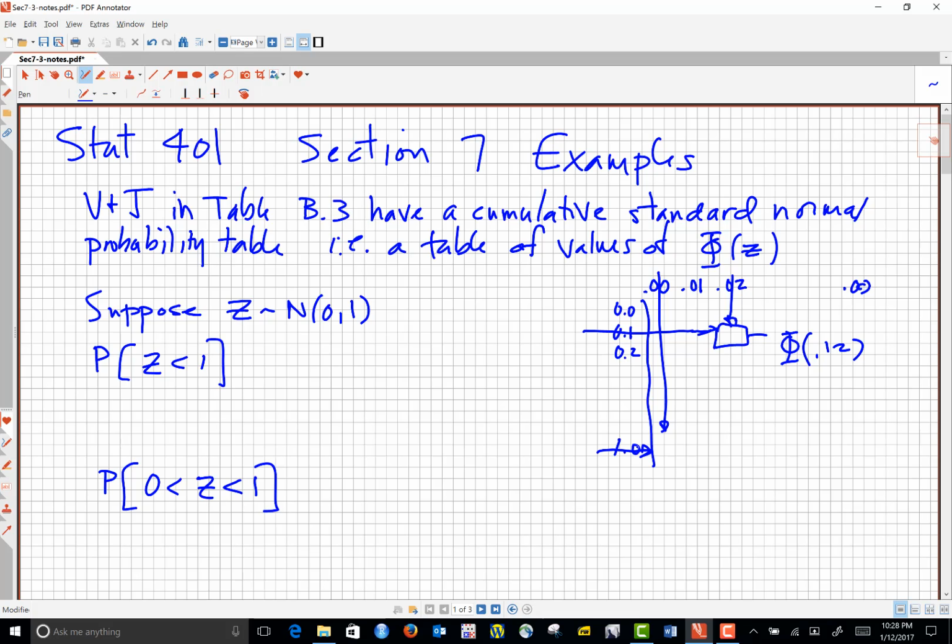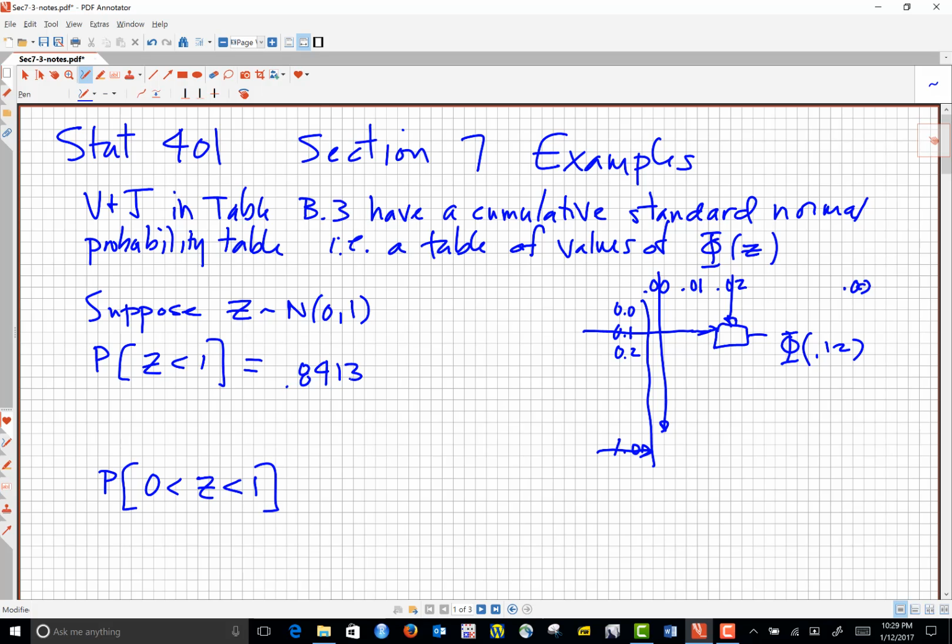A straight table lookup gets me that value, 0.8413, as I remember.